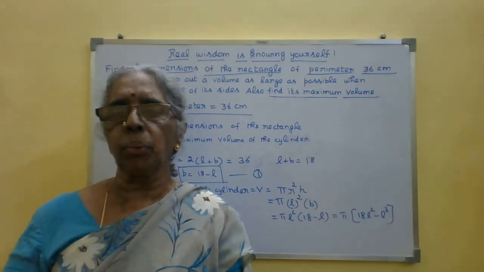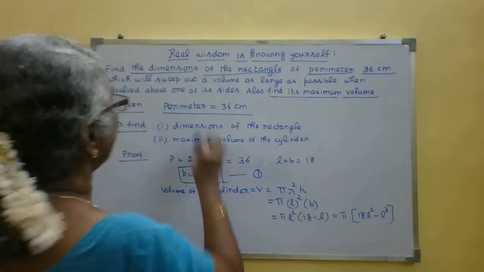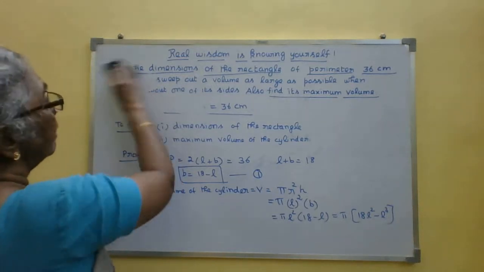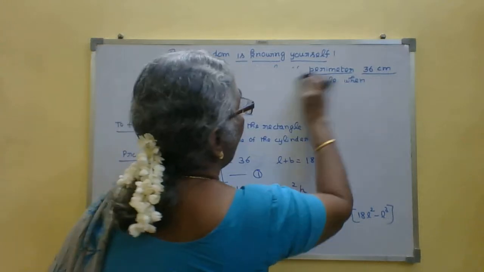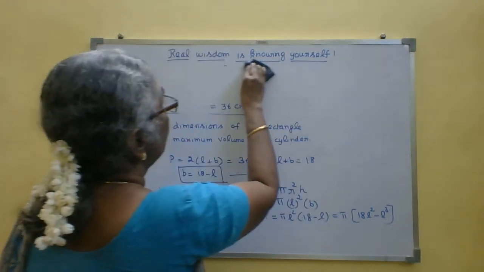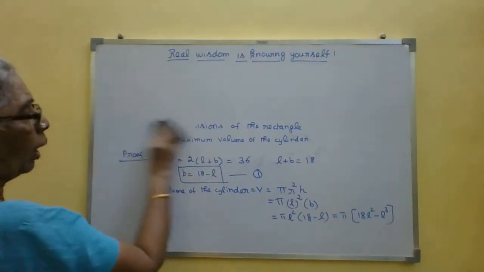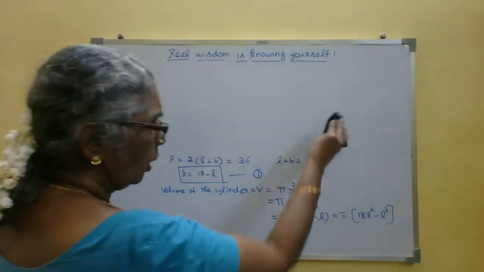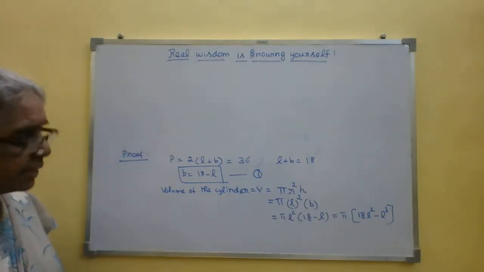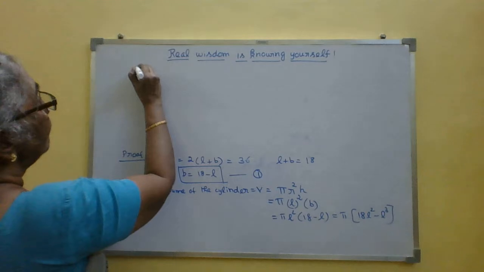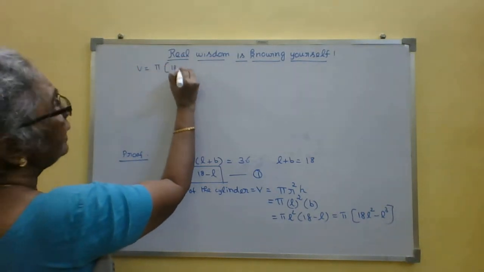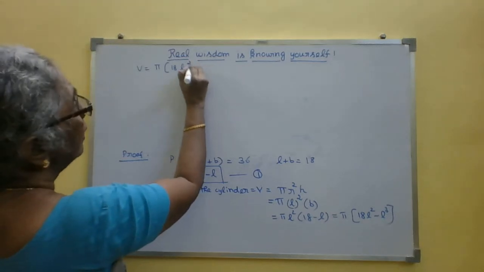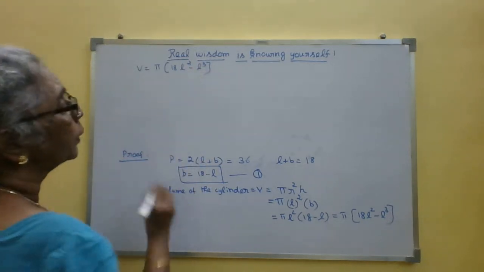Usually whenever you get two variables, you convert one variable in terms of the other, and then the V which you are going to maximize should contain only one variable, that you have to remember. So now V is equal to pi into (18 L squared minus L cube).